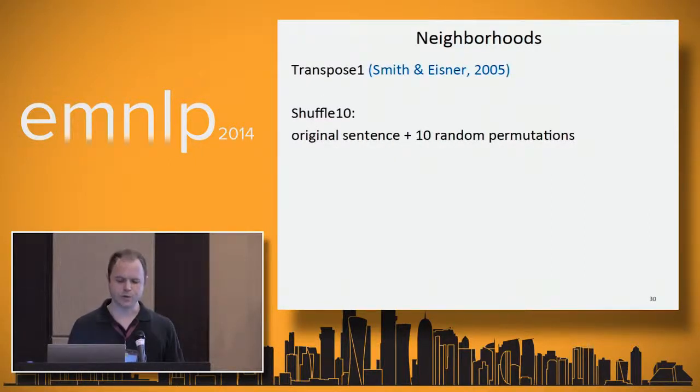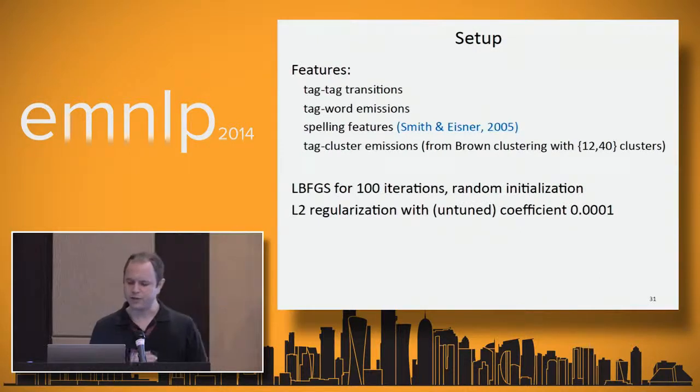For neighborhoods, we're using transpose 1 that I showed you some examples of. And we're also using a novel but trivial neighborhood called shuffle 10, which is just the original sentence plus 10 random permutations. We use standard features from prior work. The only slightly novel features are tag cluster features.